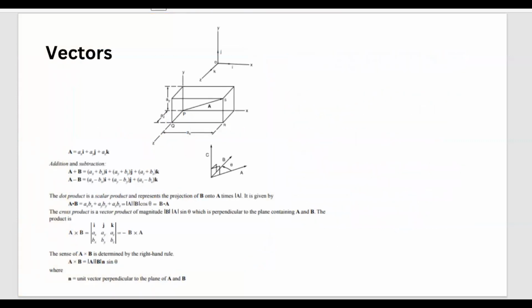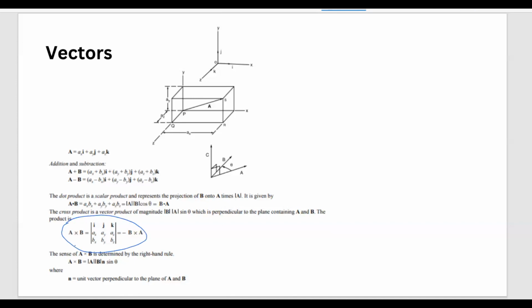As always, let's go to the FE handbook and see what you are provided with during the exam. And you can see here, you're given the formula for the cross product, A cross B. There you go.